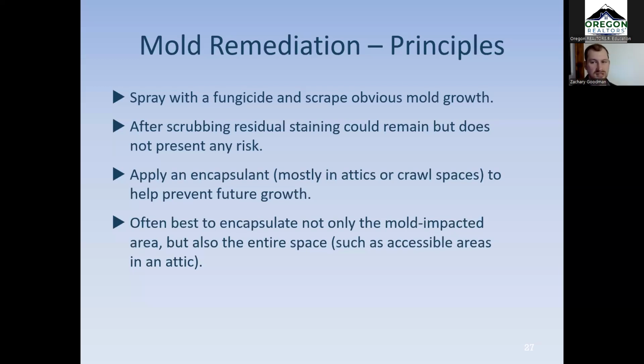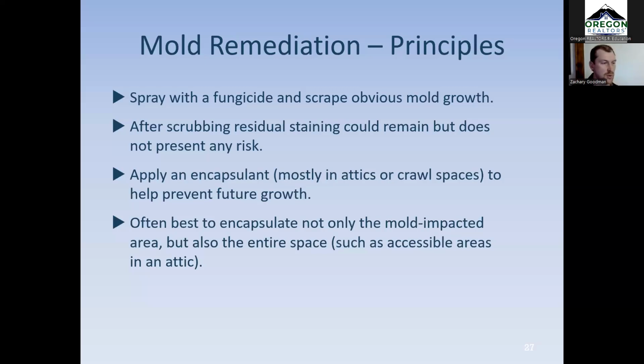We can generally tell because the growth isn't consistent across those areas. If you have one board that has mold and the next board touching it does not, it's probably lumberyard mold. Otherwise, why wouldn't you have growth throughout both of those areas? So, good question on lumberyard mold. We don't typically recommend that it be treated.